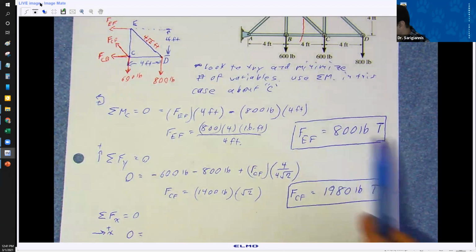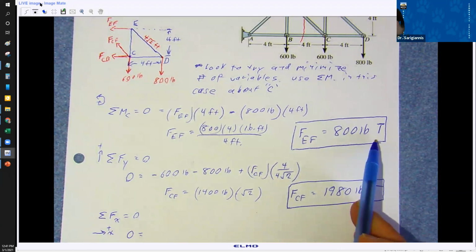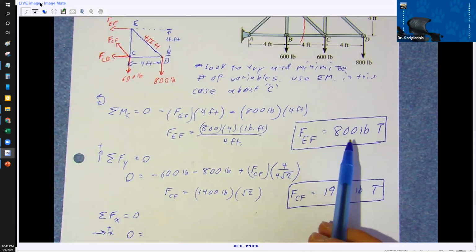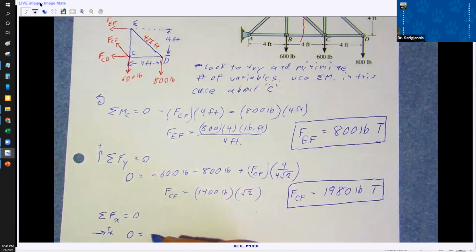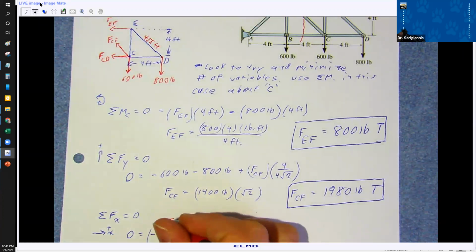This is also where to start thinking about what tension means, right? Tension is pulling at that point, so that's a negative 800 pounds. Let me just make a little note here. This is your FEF.